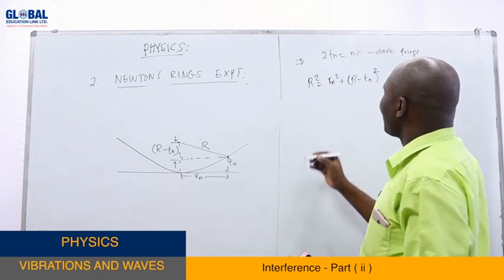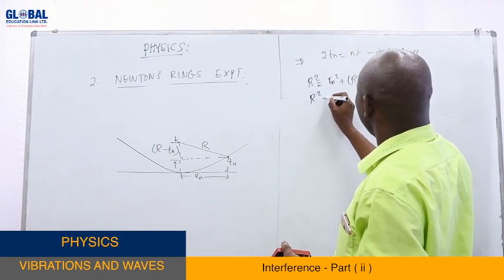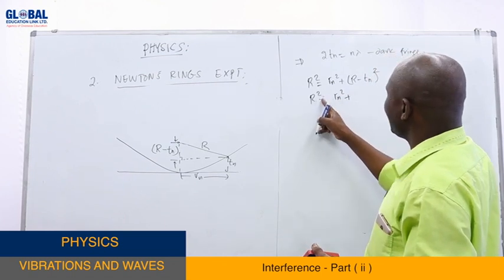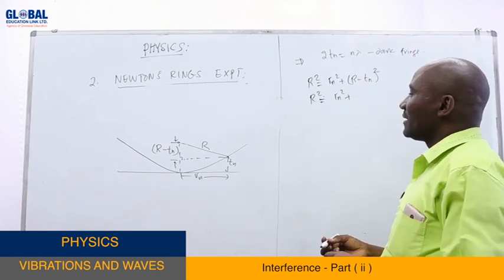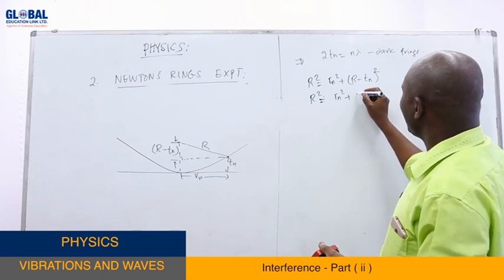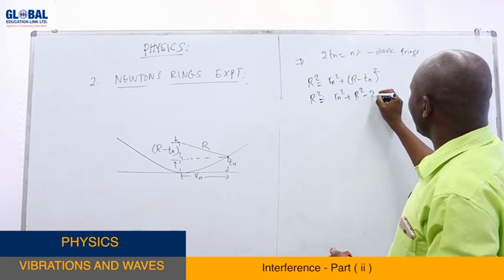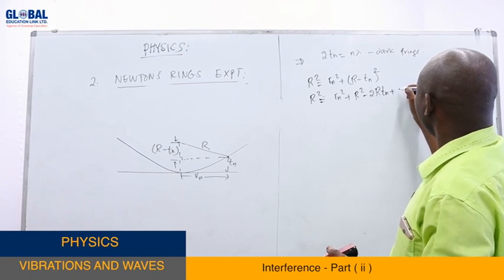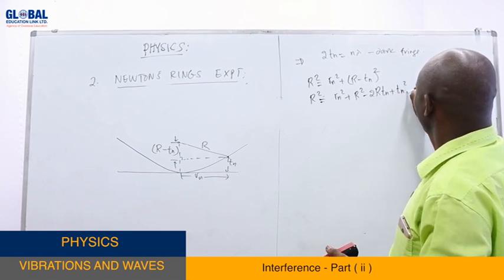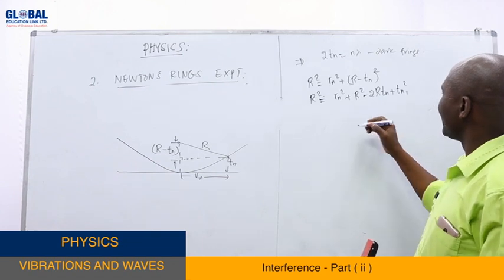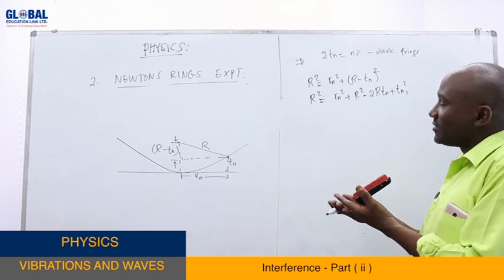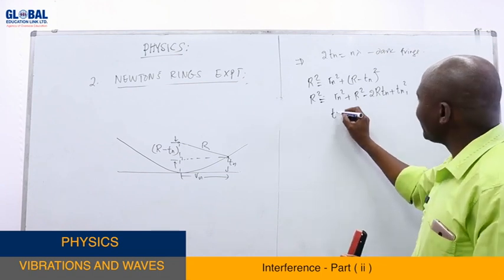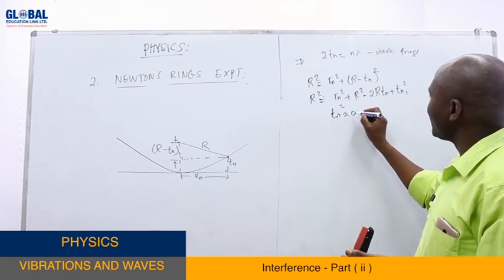Want to see the formula? This will be R squared equals Rn squared plus, this is the radius corresponding to the various dark and bright rings. If you open this, it will be R squared minus 2R Tn plus Tn squared. That Tn is the thickness between the lens and the plate, and that number is very small, and hence the square of it is also going to 0.